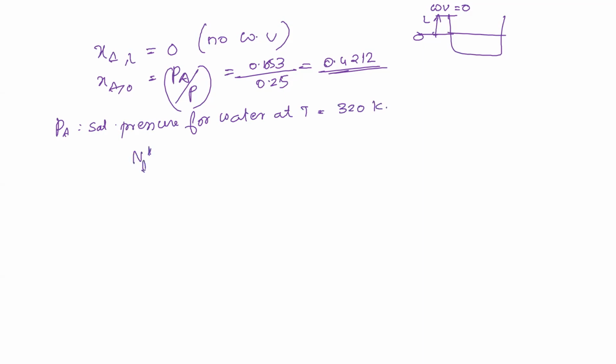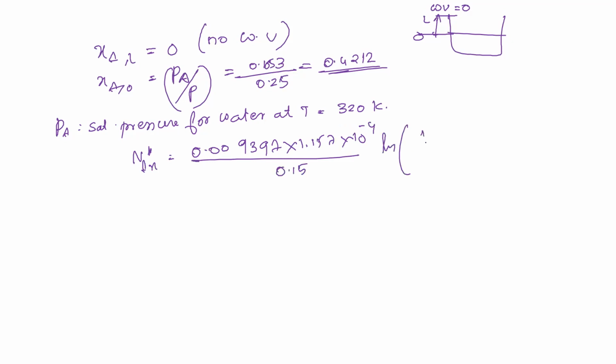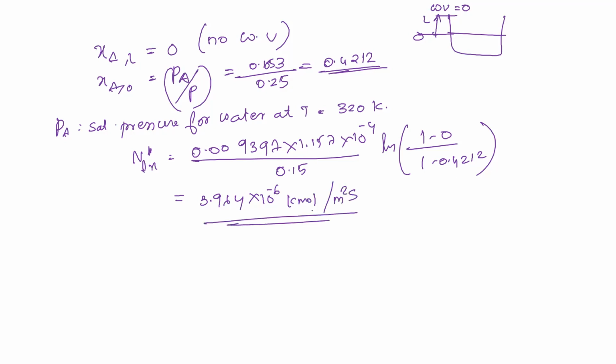So substituting the values, NAx equal to 0.009397 into 1.157 into 10 raised to minus 4 by 0.15 into ln of 1 minus 0 by 1 minus 0.4212, which is 3.964 into 10 raised to minus 6 kilomole per meter square second.